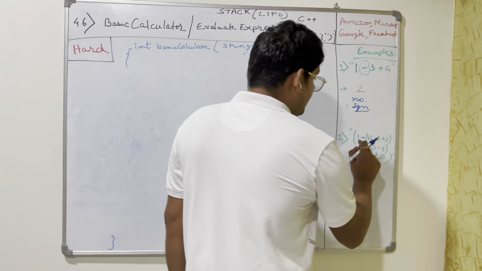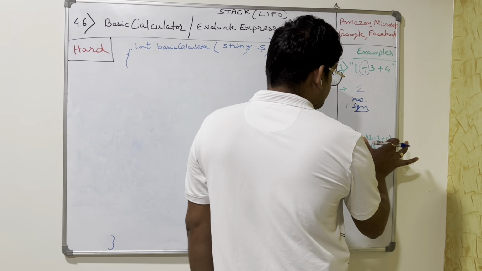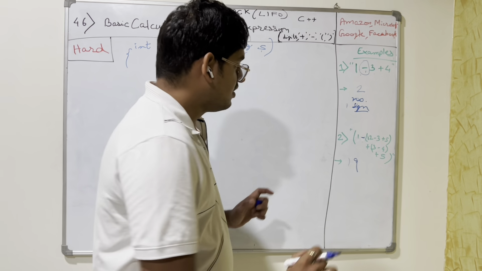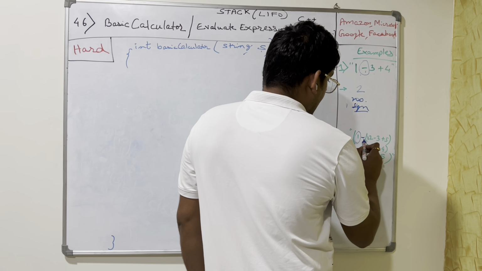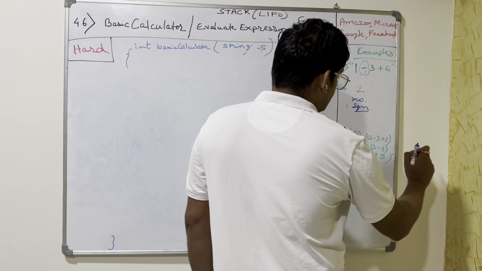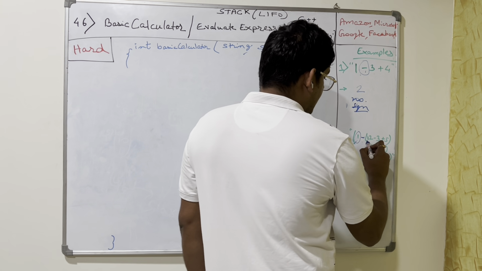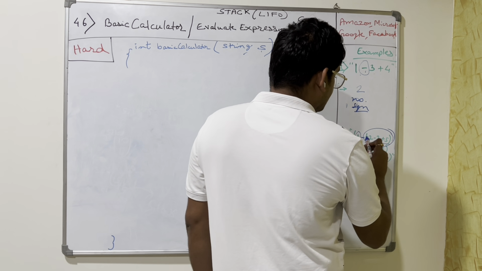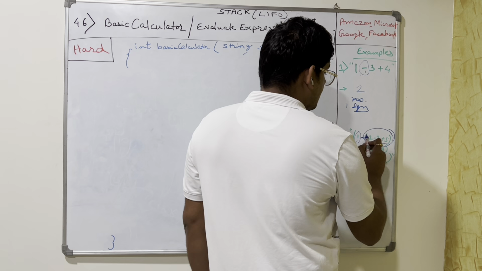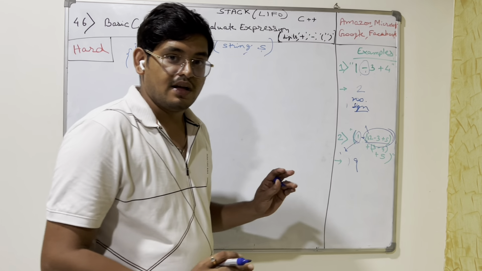So we have this and this together. So we can't directly add the whole thing. We have to have this value stored somewhere and then we need to calculate this. Once this calculation is done, and since this is negative, this will become negative and then we will calculate this whole thing again, right?